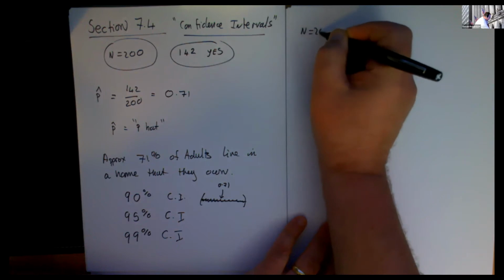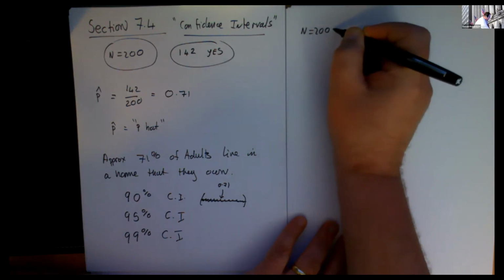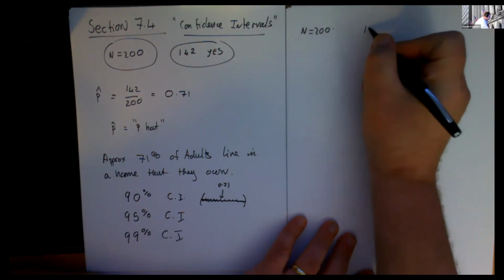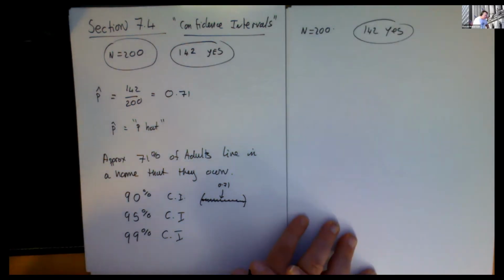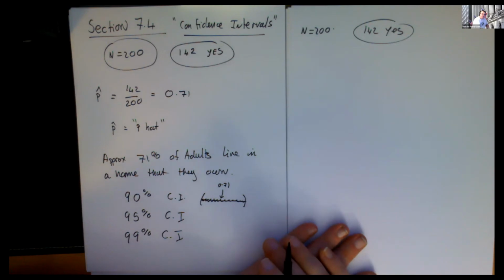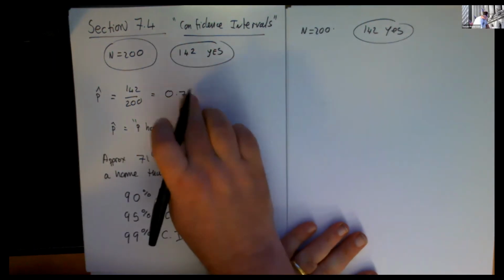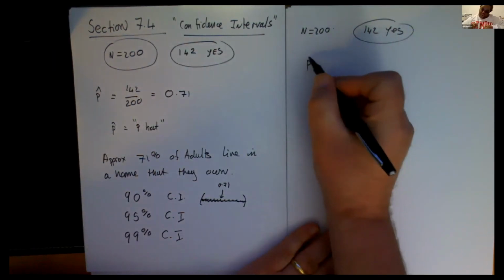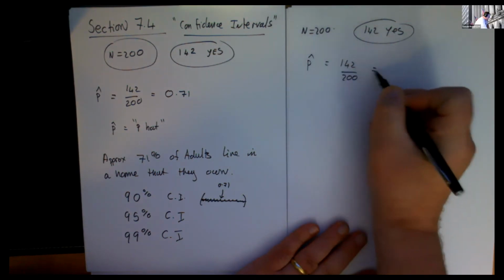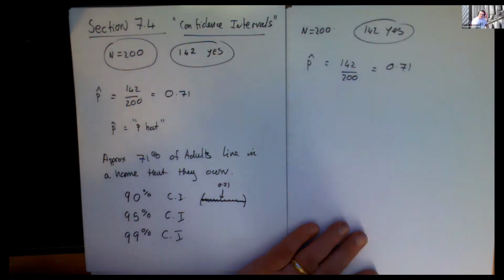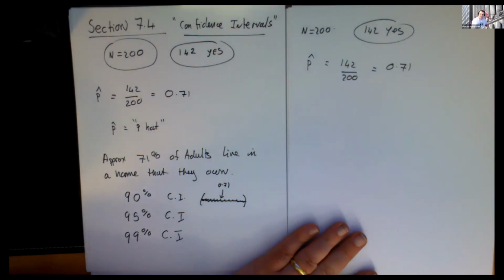We started with 200 people, 142 of them said yes. I've forgotten what my question was. What was the pretend story for this? Do you own your own home? Okay, that's it, thank you. So right now it's 71%, which seems a bit on the large side.